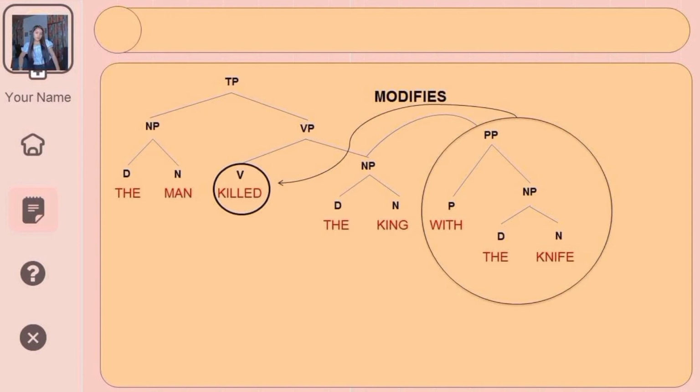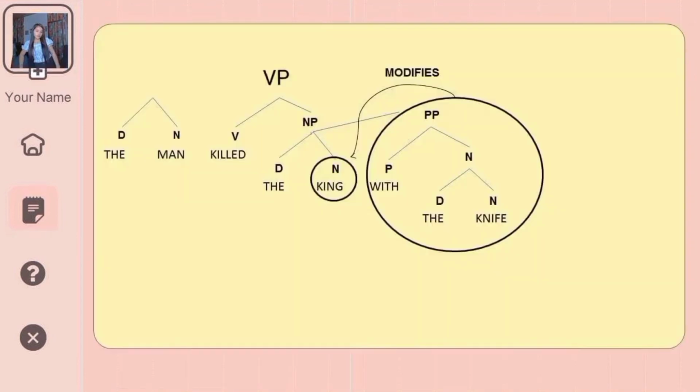Now consider the other meaning in the sentence, the man killed the king with the knife. The other meaning could be, the king with the knife was killed by the man. In this meaning, the prepositional phrase with the knife modifies king, and thus is attached to the noun phrase.